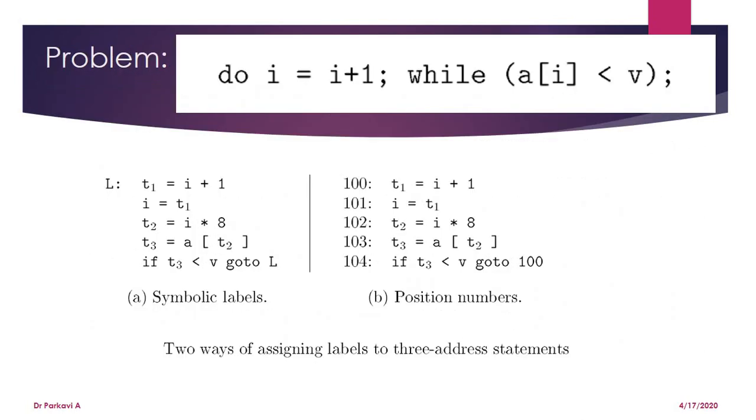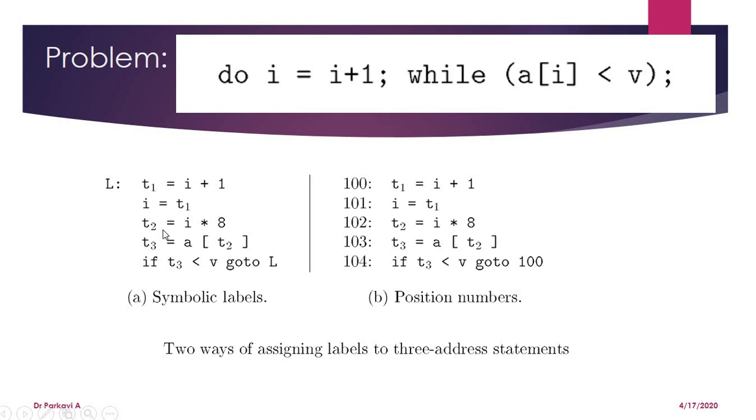So let us see an example of how 3-address code gets generated. Do i equal to i plus 1 while a of i less than v. So the first operation that needs to be generated is i equal to i plus 1. Here i plus 1 is copied to a compiler-generated temporary variable t1, and its content is copied to i.